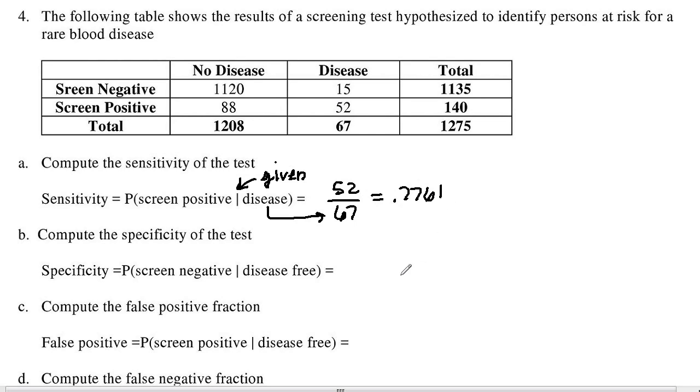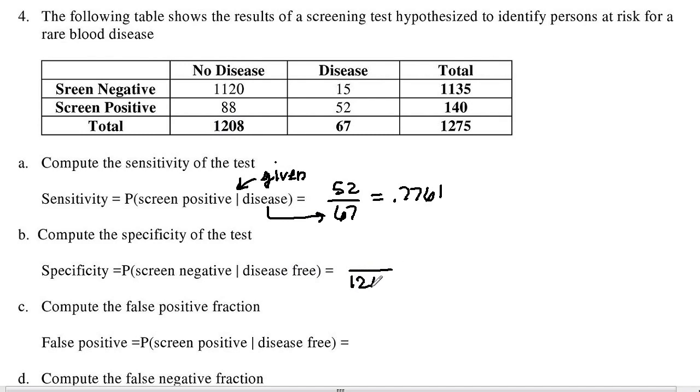So there's our sensitivity. And then they ask specificity, which is the probability that a random individual would have a negative screen when they were disease-free. So that's a true negative. So we got a true positive, a true negative. And so it's given that they're disease-free. So no disease. There were 1,208 people total.